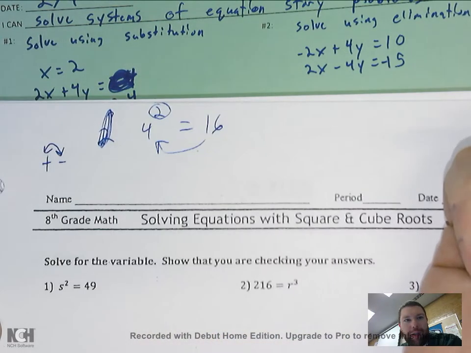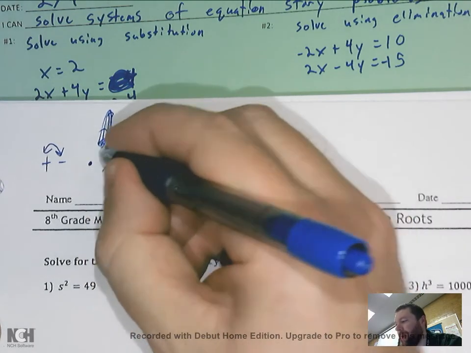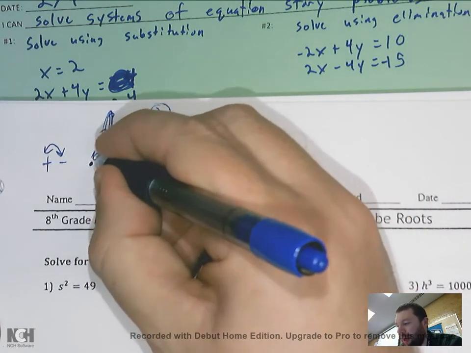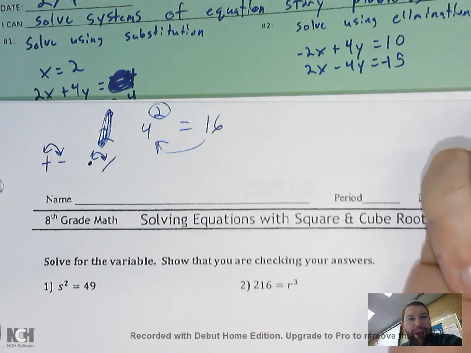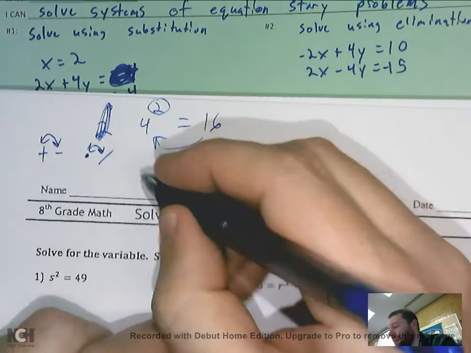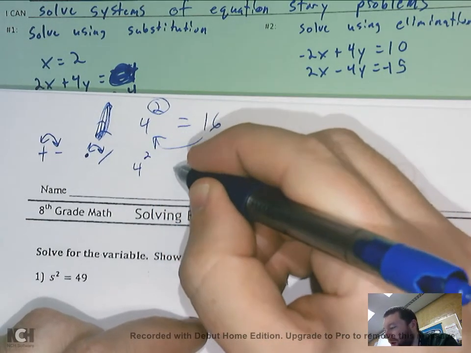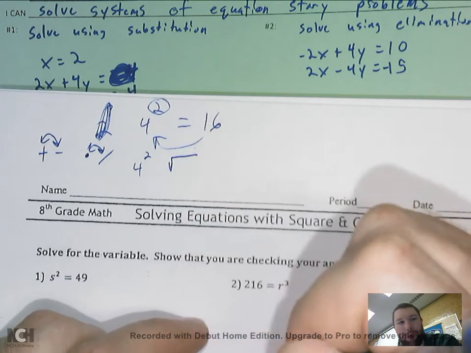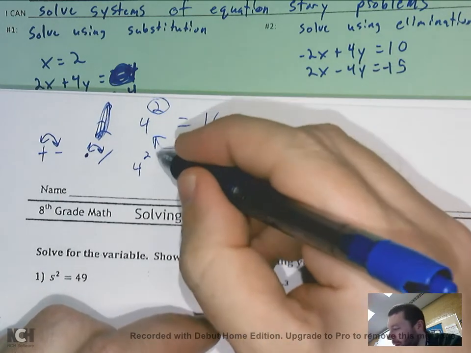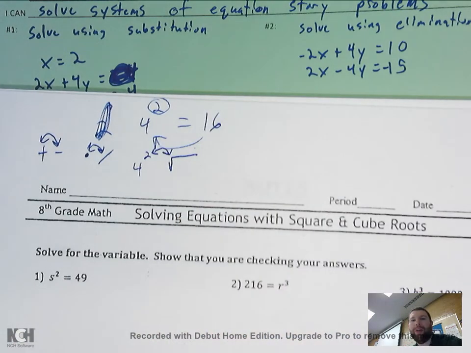If you were to multiply something, the opposite operation would be to divide. When you raise something to an exponent, like 4 squared, the opposite operation would be the root or the square root. Exponents and roots are opposite operations.